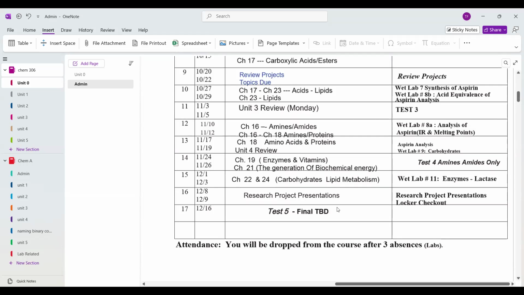Fall finals are weird because we're online, so it's hard sometimes to pin down what specific day we'll have them, but it will be in person. Probably in lab, and I'll have 3 labs, or 2 labs, to cover that. Anyway, that's a long ways off.